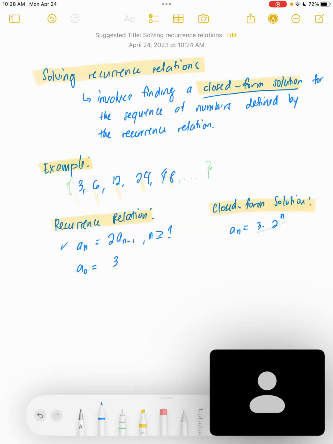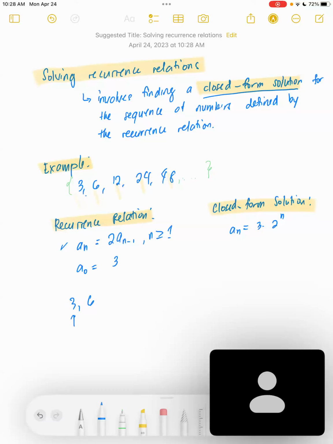Okay. So we can generate the sequence using a recurrence relation. When we say recurrence relation, let's say we have a sub n, it is defined by the previous term a sub n minus 1. Okay, so what pattern can you see here? We see that the next number, let's say 3, is followed by 6.